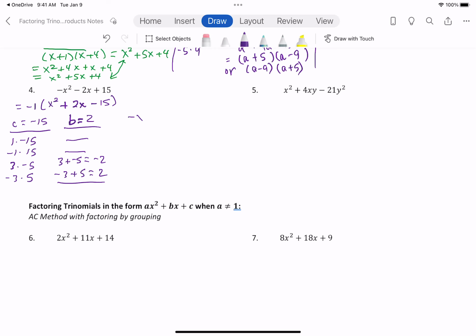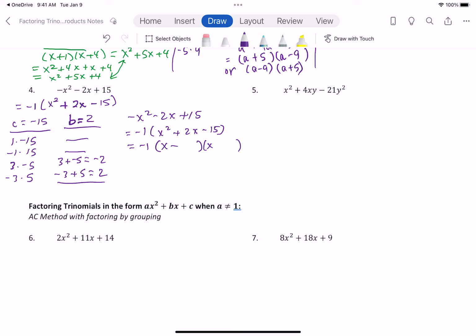So if I go back to my original again, remember that the first thing we did was factor out that GCF of -1. Now we can write our trinomial as 2 binomials, where each of my first factors is going to be x, and we determined that we need -3 and +5.